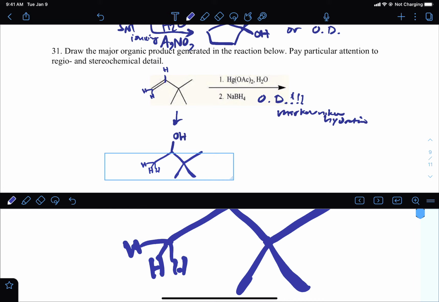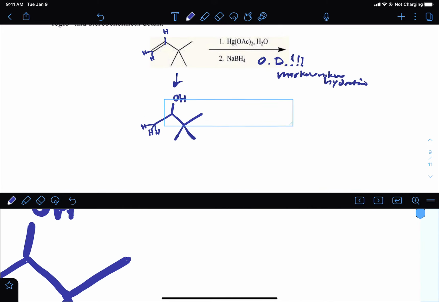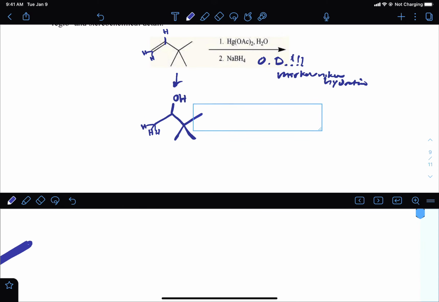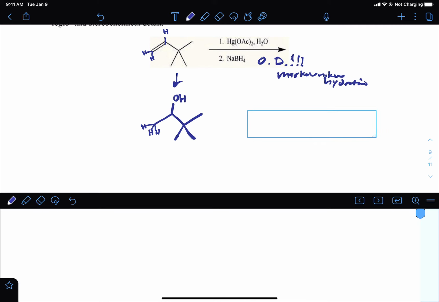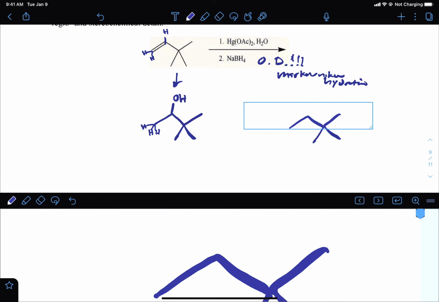Now, here's the thing. If we had done the hydration, the acid catalyzed hydration, we would have ended up with a cation here, right? Our first step would have involved protonating the double bond, generating a cation here.